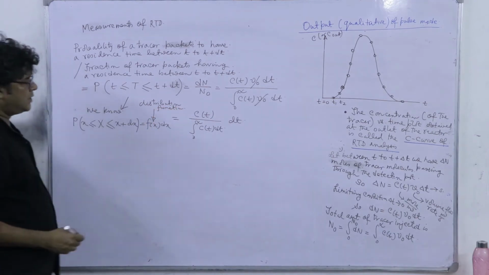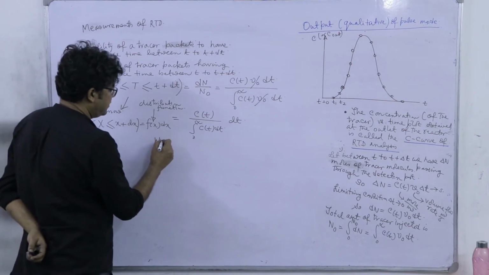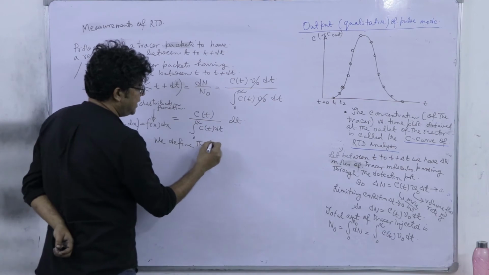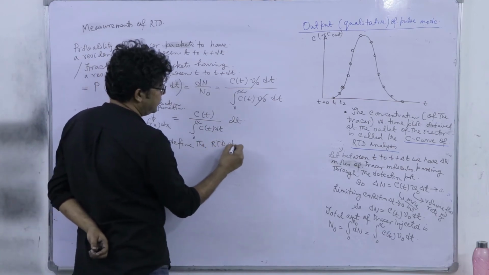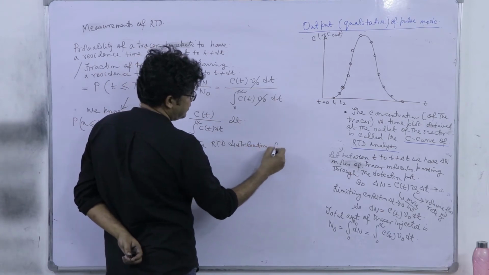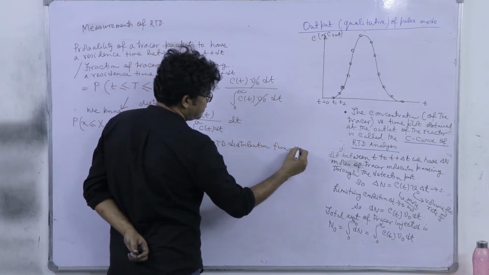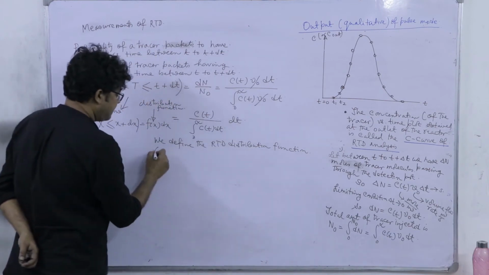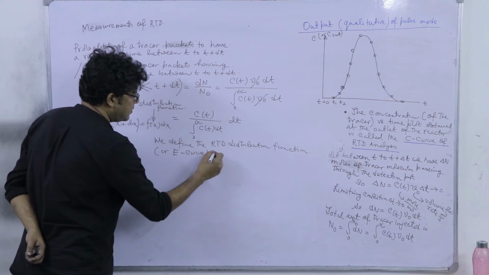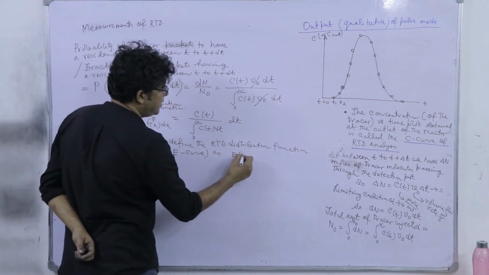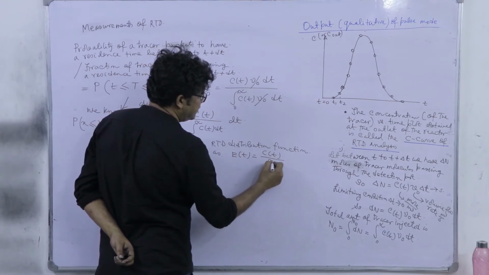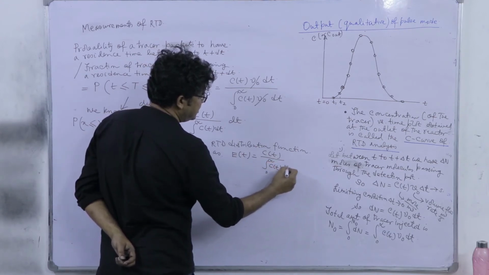So, here we define the RTD distribution function or E curve as Et is equal to Ct divided by 0 to infinity Ct dt.